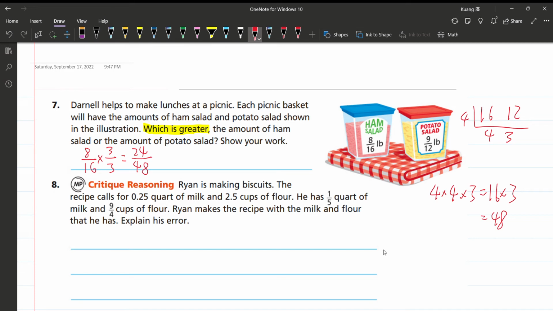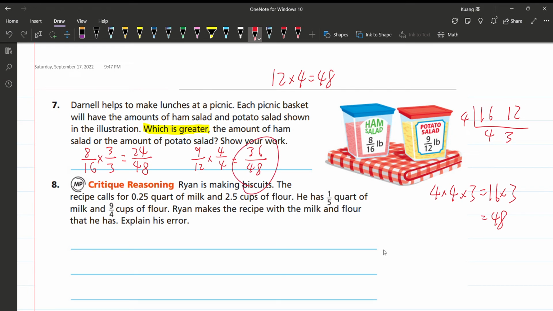To become 48, 12 must be multiplied by 4, right? 12 times 4 equals 48. So for 9 over 12, I multiply by 4 over 4. That's 36 over 48.